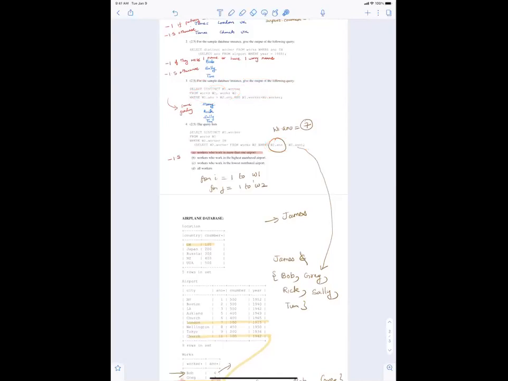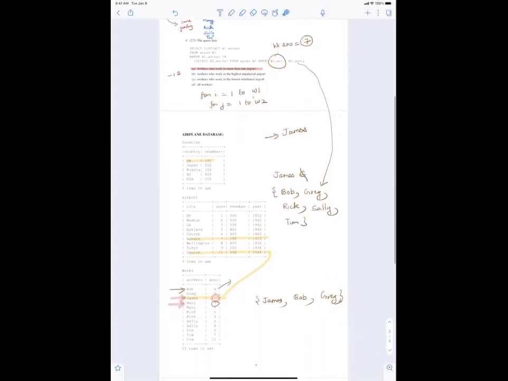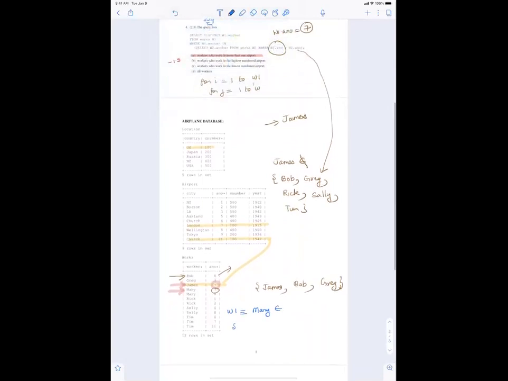On the other hand, let's look at Mary. So now I did James, and now I'm going to look at another line. Let W1 be where you're picking up the line with Mary. When you pick up Mary, you look at the second table.